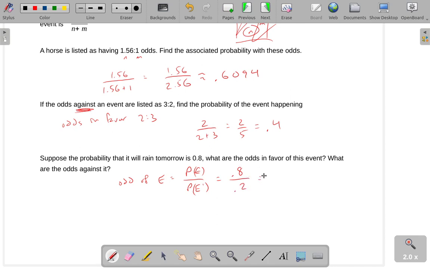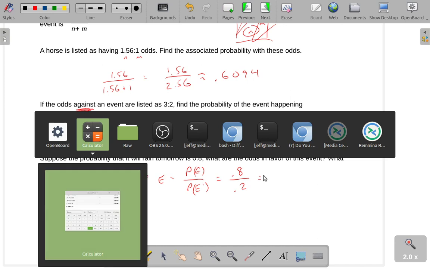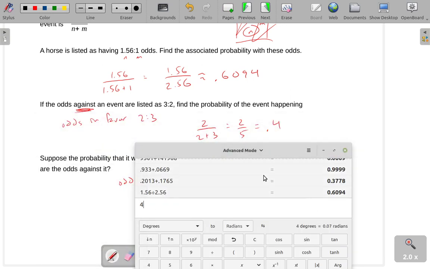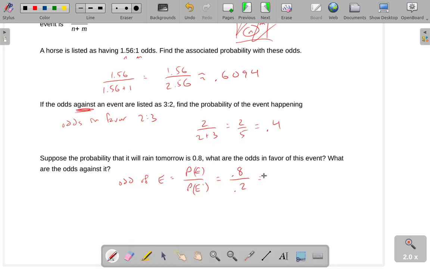And 0.8 divided by 0.2, if you wanted to plug this into your calculator, you certainly could. 0.8 divided by 0.2 gives us 4. Which, if I write this as a fraction, becomes 4 over 1, or 4 to 1 odds. So it's essentially 4 times as likely to rain tomorrow than to not rain. That's what an 80% probability implies.